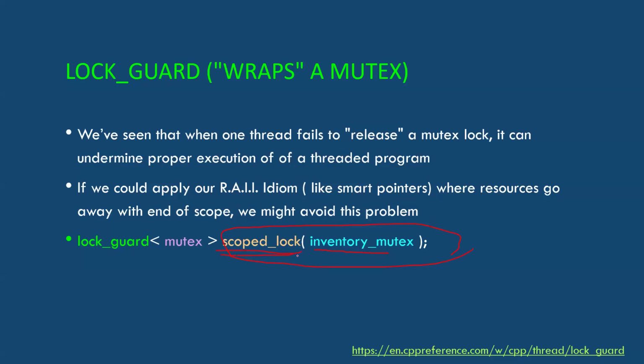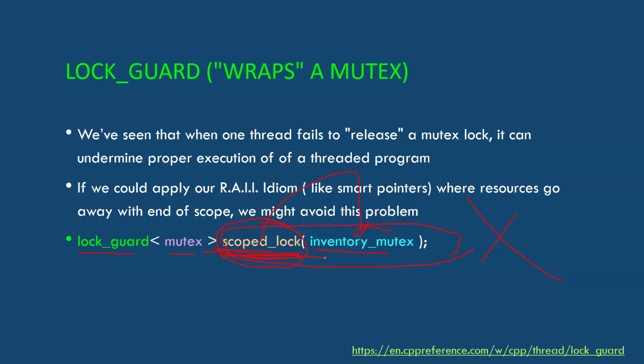Call it anything you want. You could call it bananas if you like, but we're going to call it scope lock, and it is a lock guard of type mutex. That thing is an instance of a class with a destructor that will unlock that when it goes out of scope.